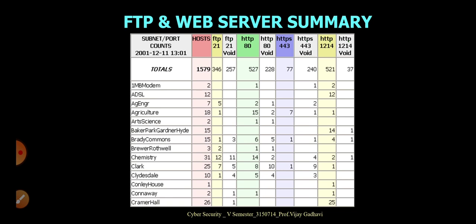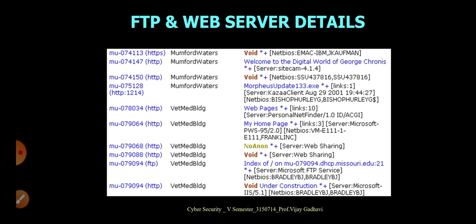We can also configure the security policy by using a firewall tool to control access to the various states of your system by locking or unlocking your port. Then FTP and web server details are here; we see there are so many details found from the NMAP tool.